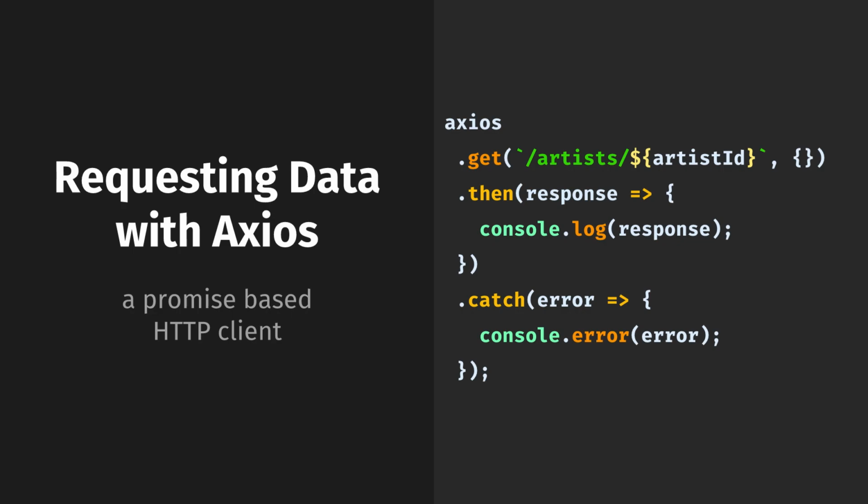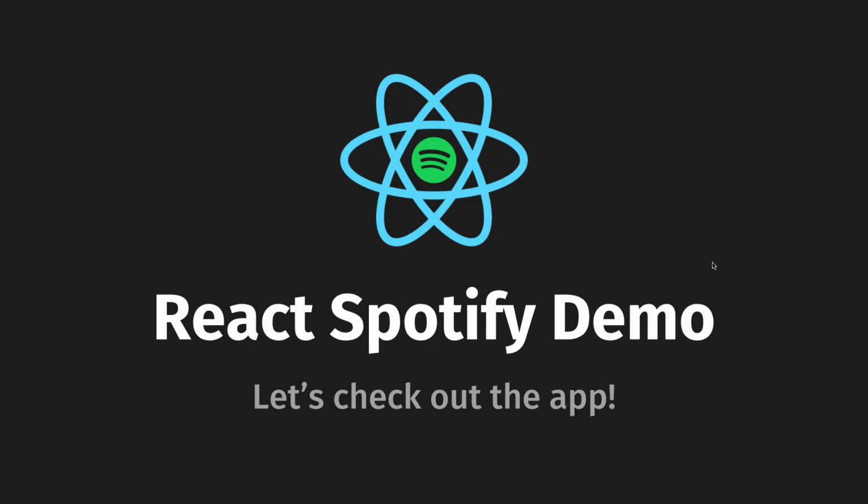So you can see that we chain that promise with .then or .catch, depending on whether we get a response back from the server or an error. At this point, rather than console logging, we would be hooking into the React component's state in order to set the state and tell it that there's an error, or that we got a successful response.